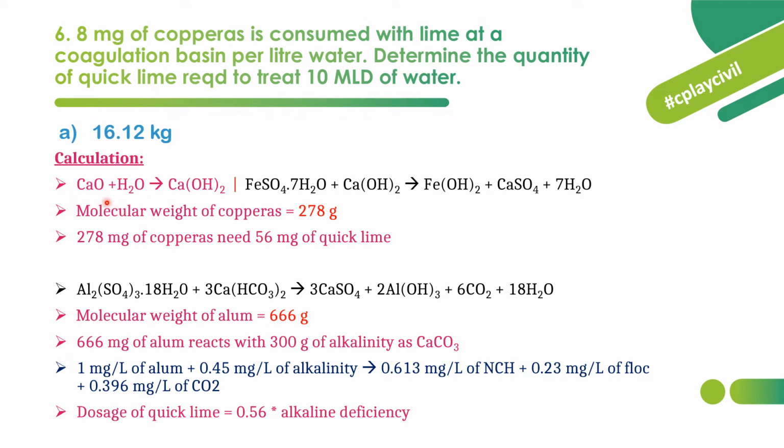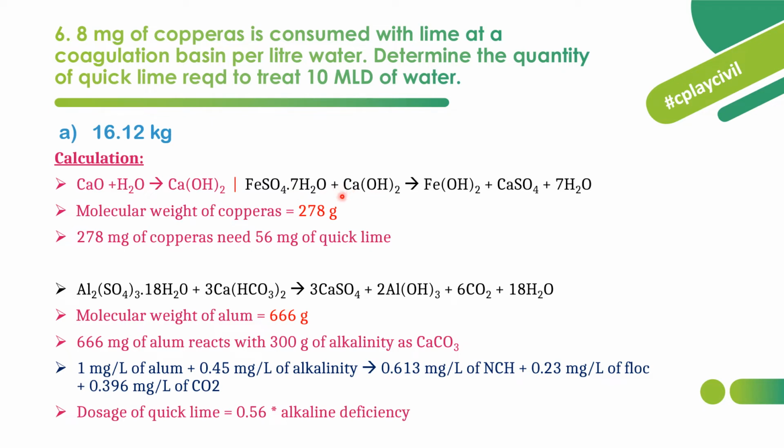Quicklime is calcium oxide, which on reacting with water gives calcium hydroxide. That calcium hydroxide reacts with Copperas to give calcium sulfate as the non-carbonate hardness, that is permanent hardness, and the floc, which will settle out.